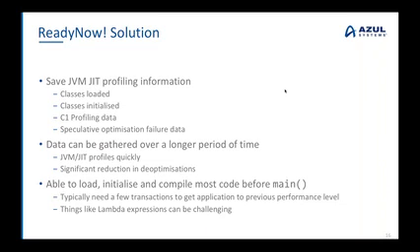In terms of what ReadyNow does, it says, okay, we've got this information, let's load all those classes in the list, let's initialize all those classes in the list, and then let's take all the methods that we know we need to compile and compile them using the profiling data and the speculative optimization failure data before we start the application running.